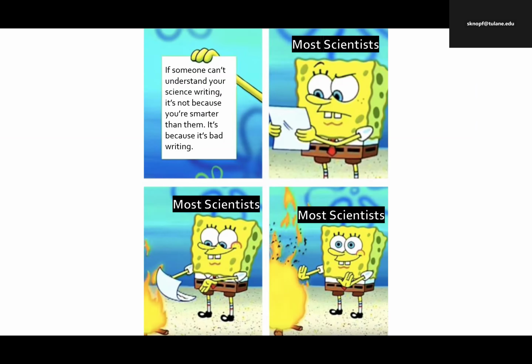I'm making a huge generalization here. I do not think most scientists are bad writers, but I do think that a good writer will keep this in mind. A really great example of this, and I would have to find it, is the paper that was published for the COVID-19 vaccine, one of the big papers.